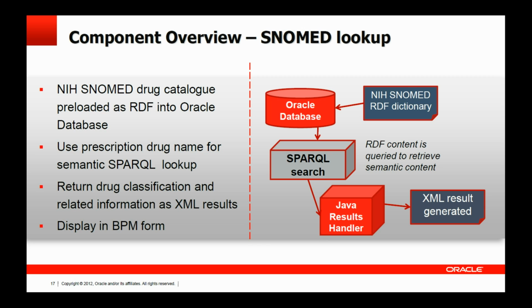We look up one particular drug, and it semantically gives you the associated related drug to that, and returns classification and other related information, and we again then push that and display it in the BPM form. And again, we're going to deep dive in another segment into the full details of how this is all working.